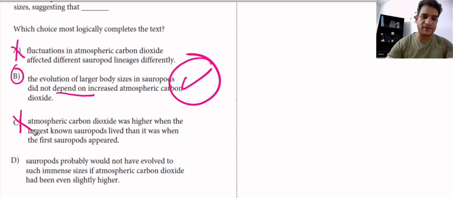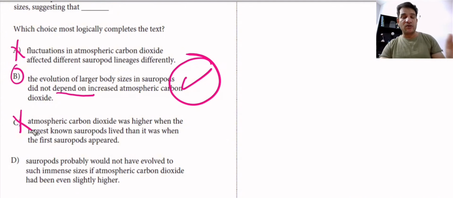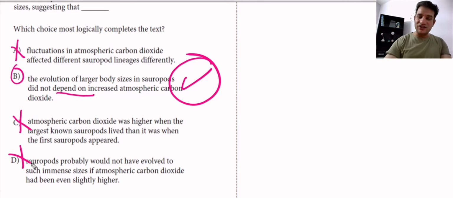D says sauropods probably would not have evolved to such immense sizes if atmospheric carbon dioxide had been even slightly higher. Again, the text doesn't suggest anything related to increased levels of carbon dioxide in the different periods of the evolution of those dinosaurs, so D is not the correct answer. Okay, so B is our match and our correct answer because it matches our test phrase.